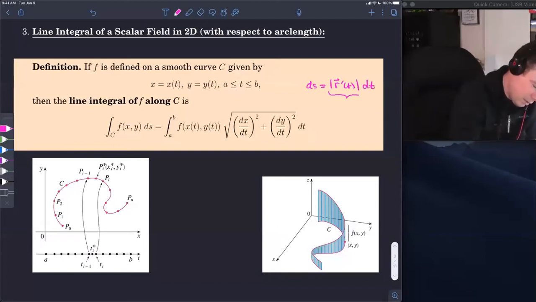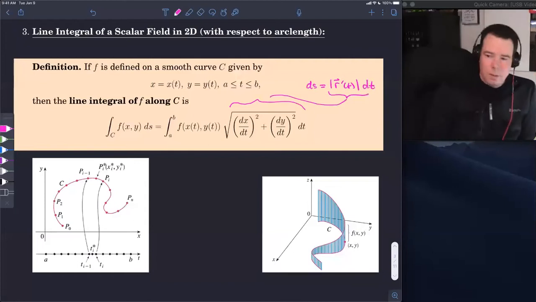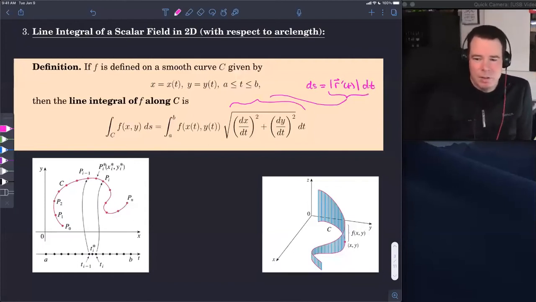And so this is what this whole thing is. The part on the left, the integral of f ds, is what we're integrating with respect to arc length. But the way we do it is we convert to the parameter for the curve, in this case the parameter t. So we convert to the magnitude of r prime of t and dt.